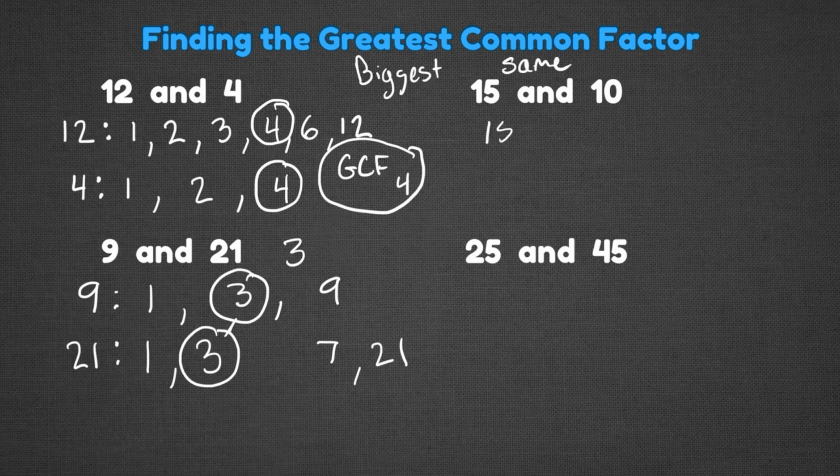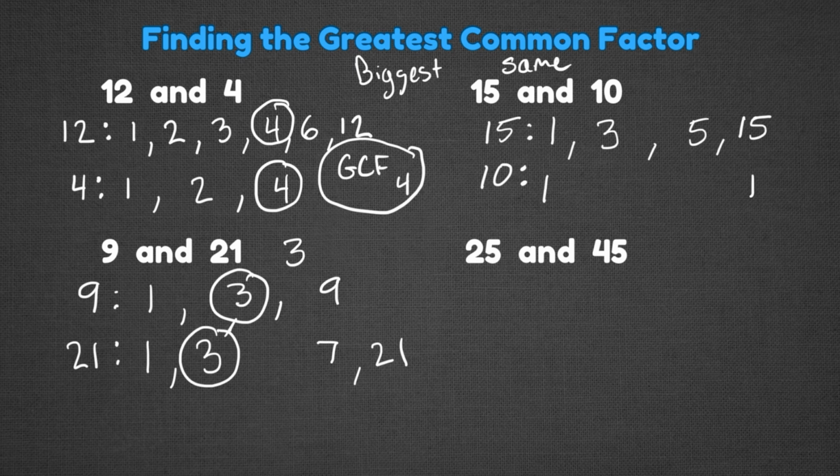15 and 10. 15's factors are 1 and 15. 2 is not a factor, but 3 is. 3 and 5. And there are no other factors for 15.